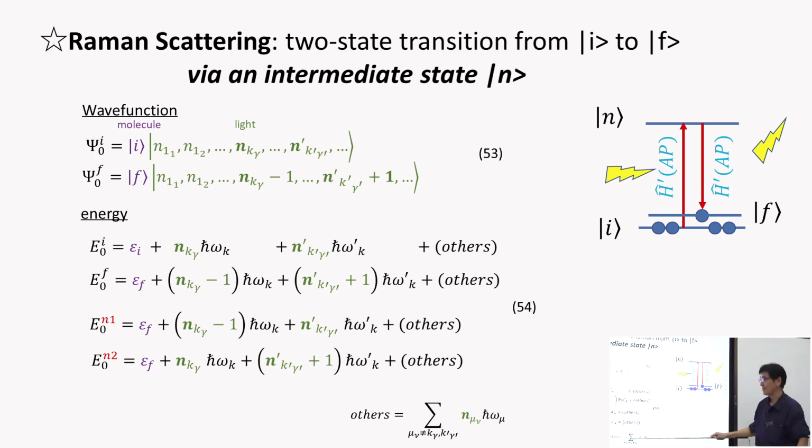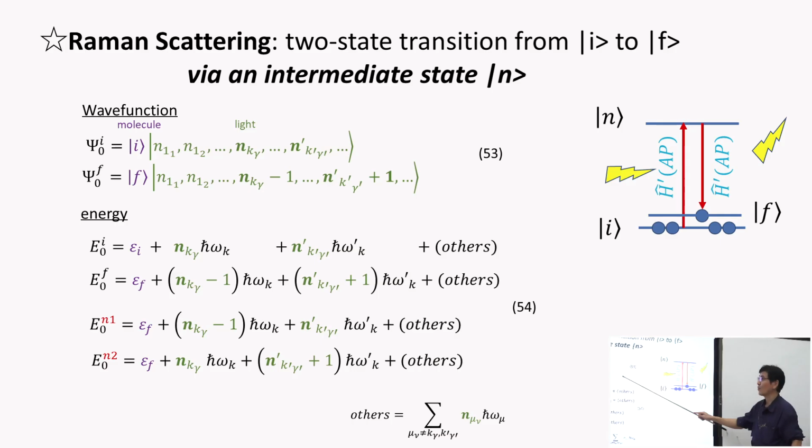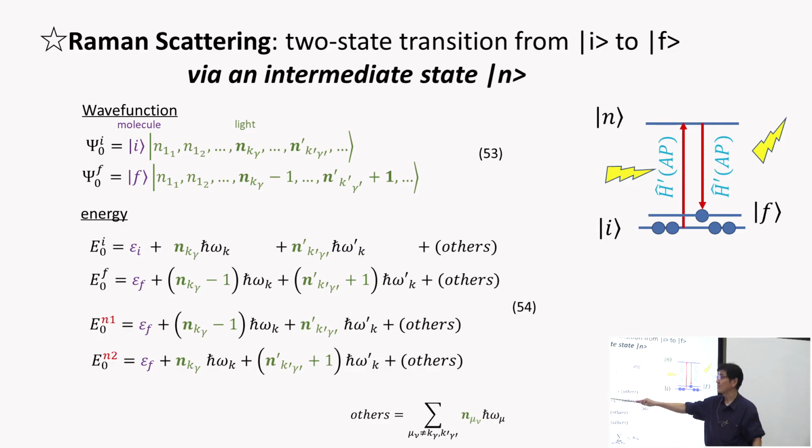So I introduce this function, others. So n h bar omega of other components, 1, 1 or 1, 2 or something. So let's focus on the number of photons of k gamma and k prime gamma prime.